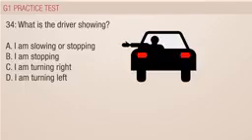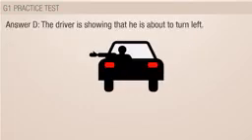What is the driver showing? A. I am slowing or stopping. B. I am stopping. C. I am turning right. D. I am turning left. Answer D. The driver is showing that he is about to turn left.